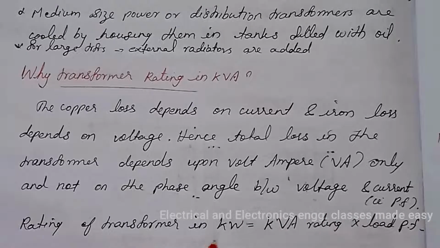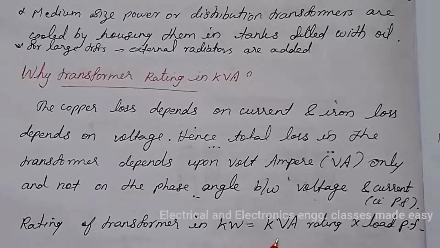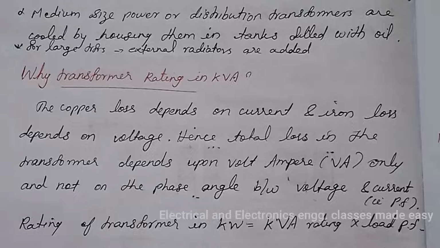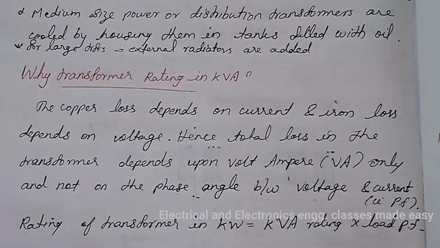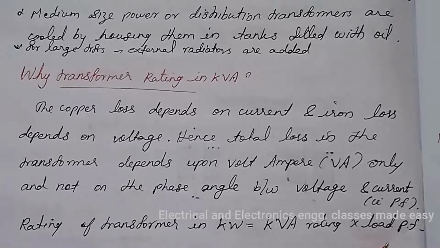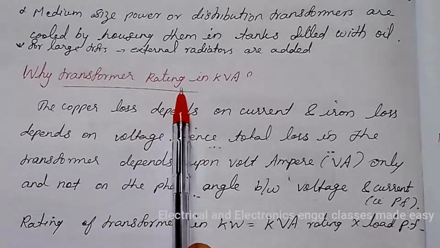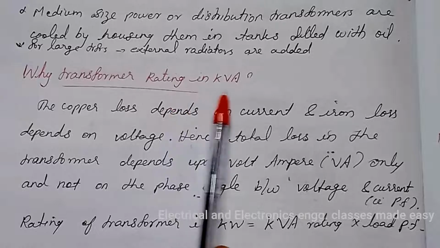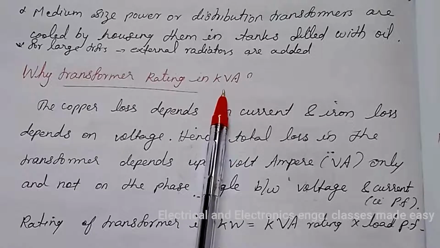The rating of transformer in kW can be written as kVA rating into load power factor. The load power factor depends upon the nature of load, that is resistive, inductive or capacitive. Thus, the kW rating of a transformer will be different at different load power factors. So, the rating of transformer is given in kVA and not in kW.